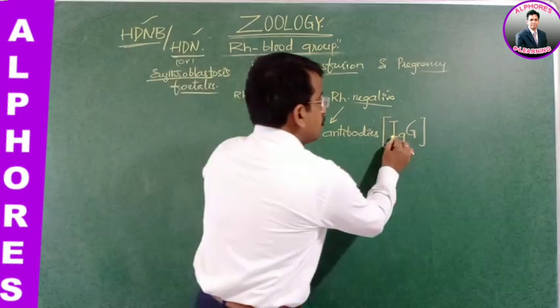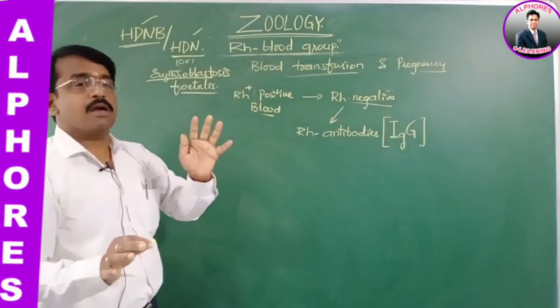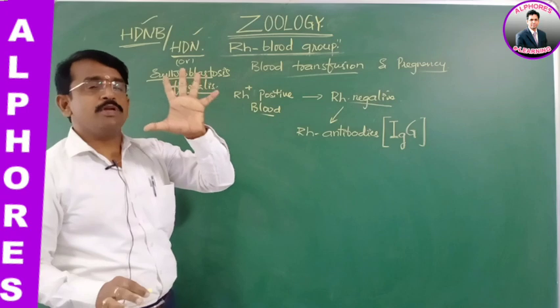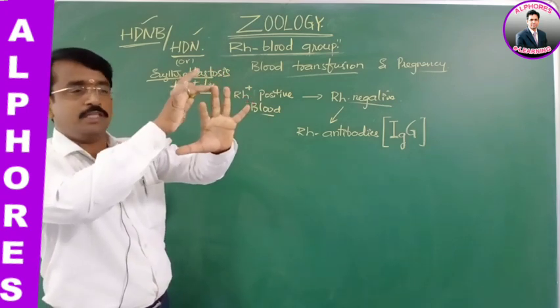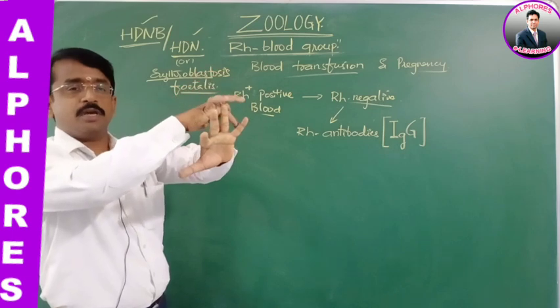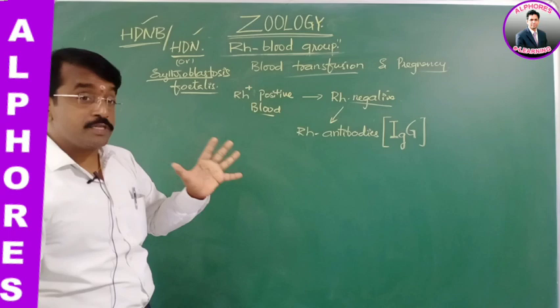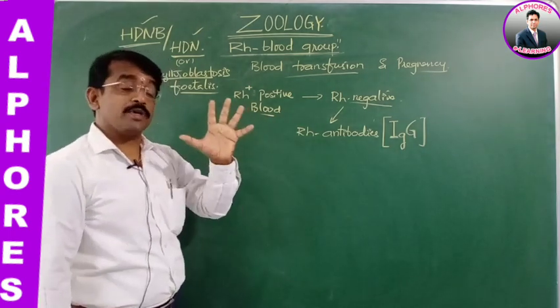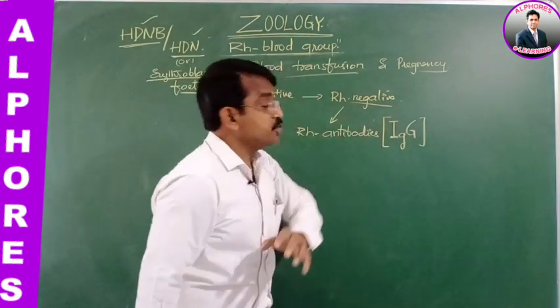Here the Rh antibodies are of IgG type. Earlier I informed you that the immunoglobulins are IgA, IgD, IgE, IgG and IgM. Antibody A and antibody B present in the blood plasma are of IgM type, which we discussed in the ABO blood grouping system. Now it is IgG type.